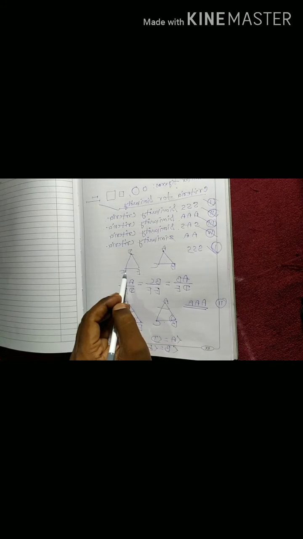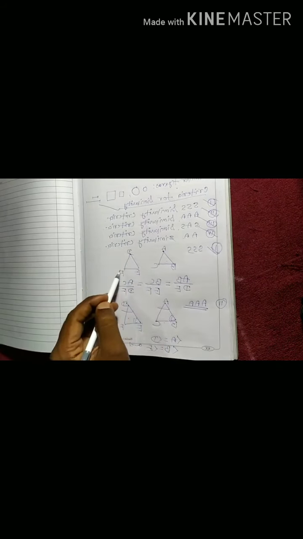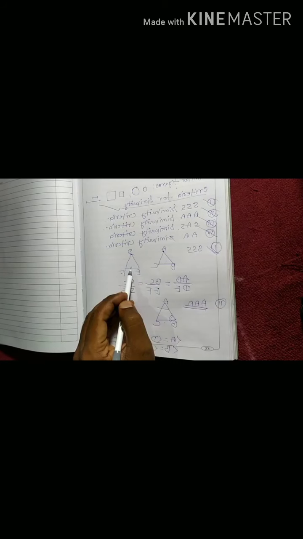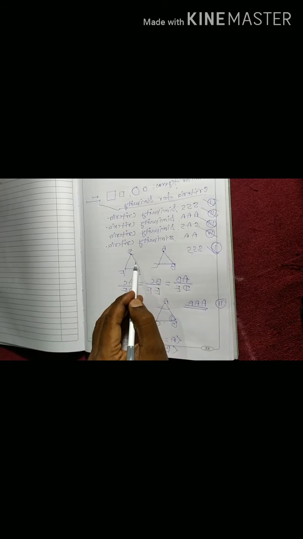SSS similarity criteria, in which let ABC and DEF be two triangles having AB by DE equal to BC by EF equal to AC by DF, then triangles are said to be similar. In other words, two triangles are said to be similar when all their corresponding sides are in equal ratio.